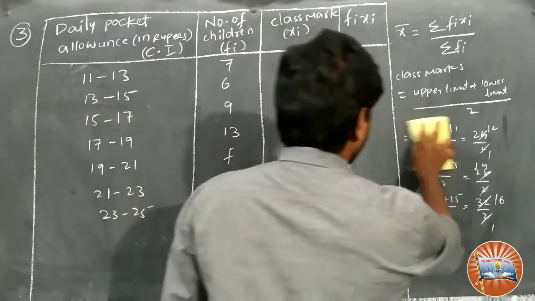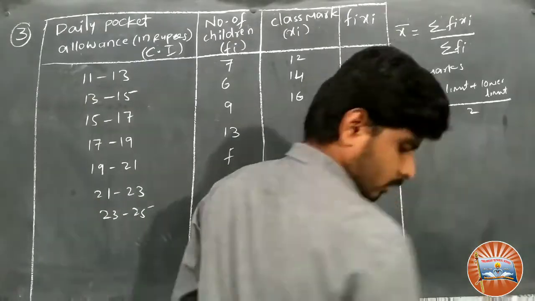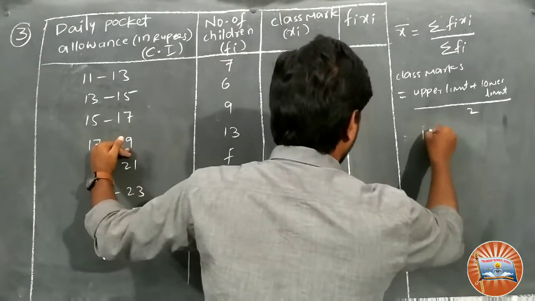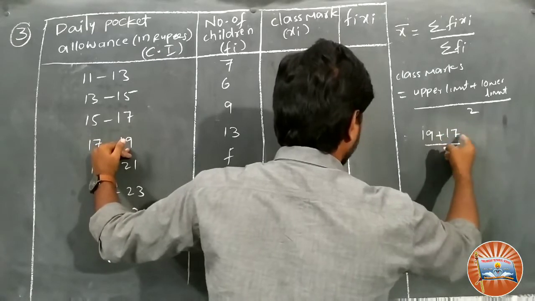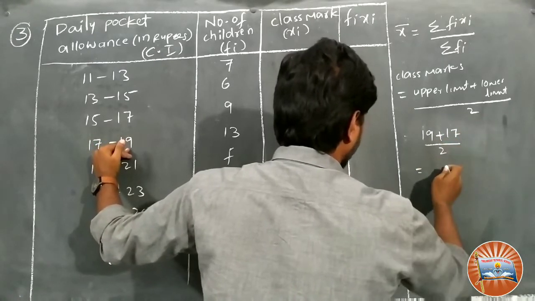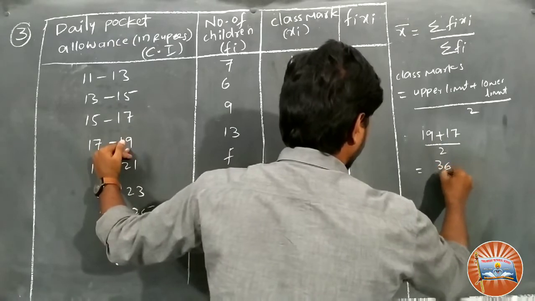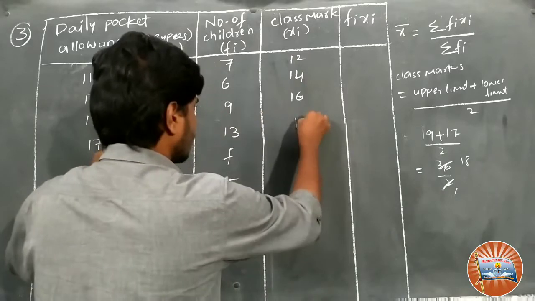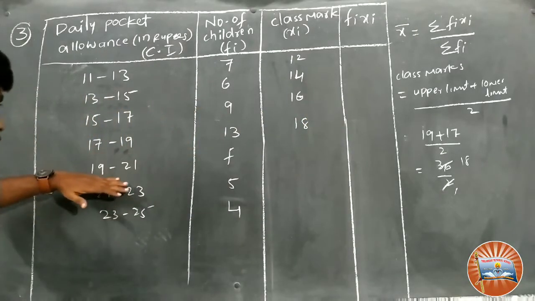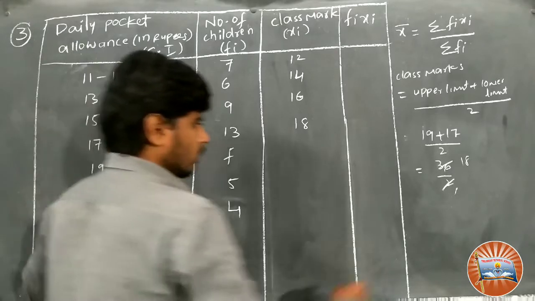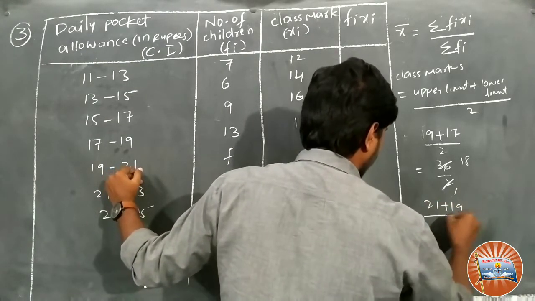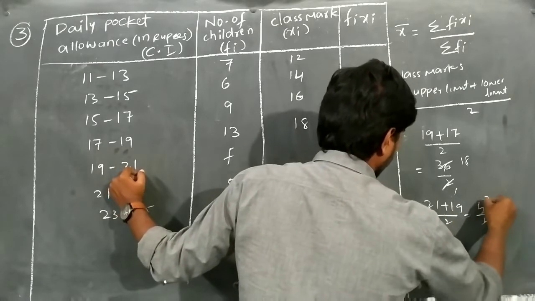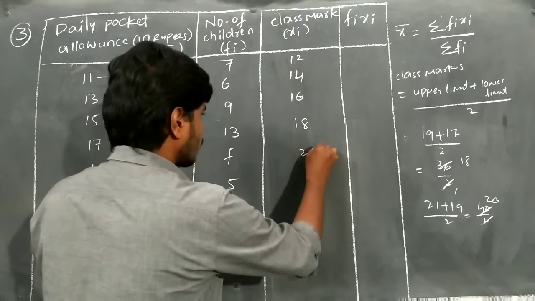Next, 17 and 19. Upper limit plus lower limit by 2. 19 plus 17 is 36 by 2, 2 nines are 18. Here it is 18. Next, 19 plus 21, 40 by 2, 20. So here it is 20.